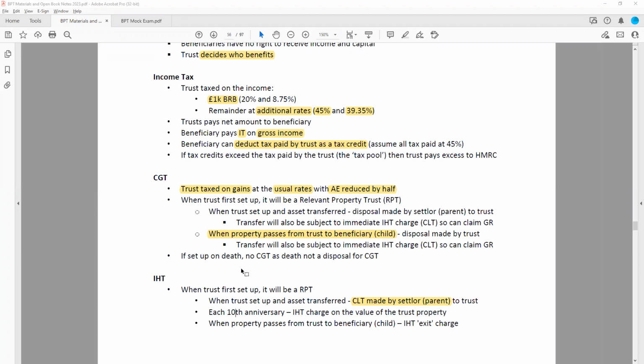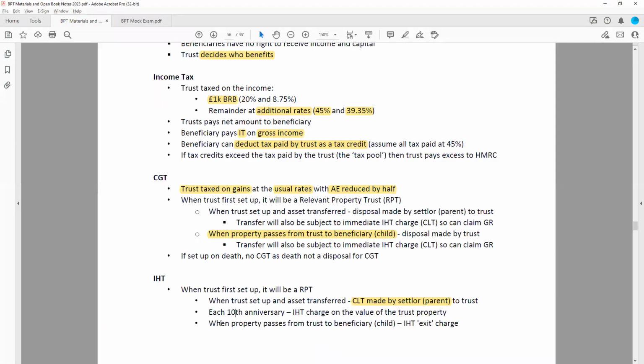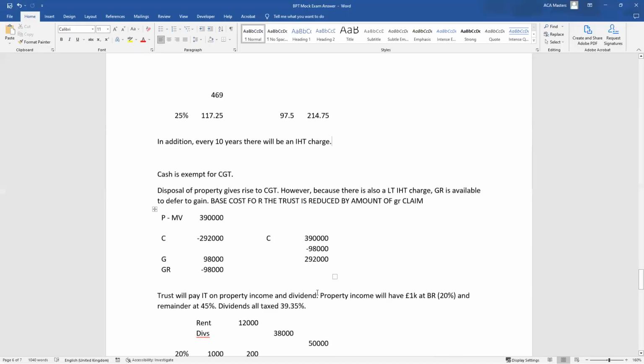Now, when the property is then transferred out to the children, the trust will sell the property, but will have a load of cash in it. When that cash is transferred out, yes, it's exempt for CGT, but it's not exempt for IHT. So there'll be an IHT exit charge.